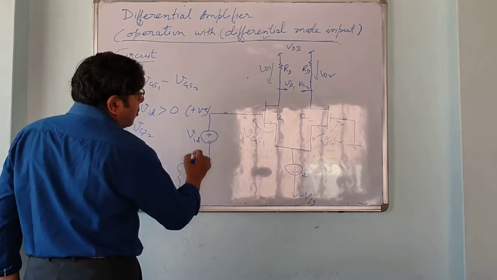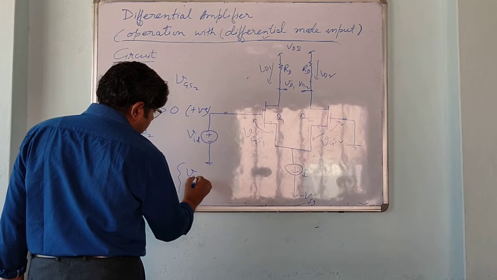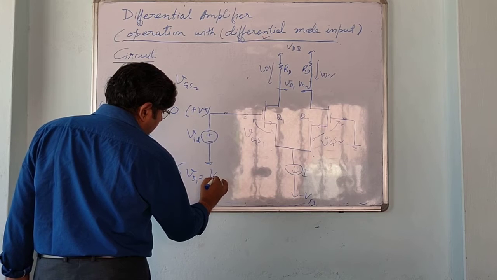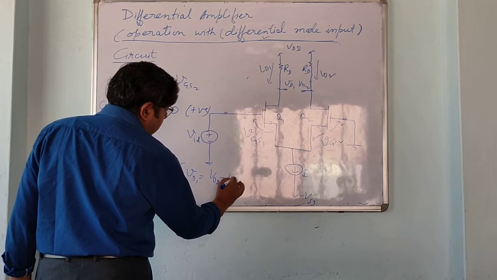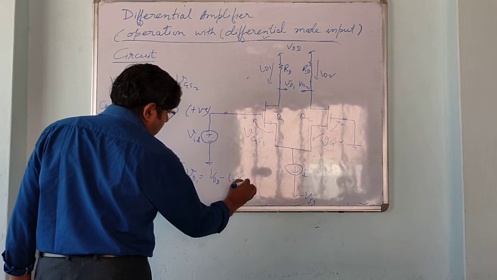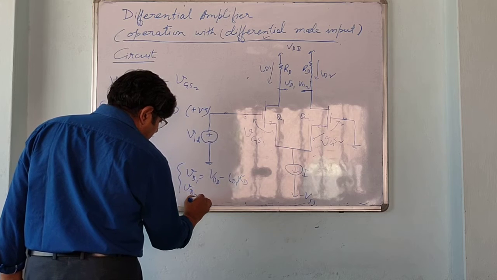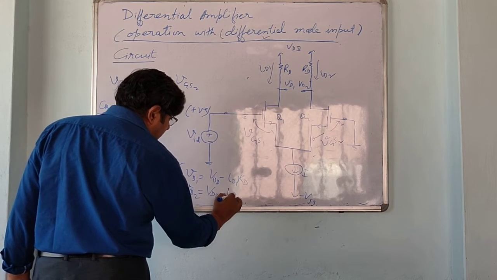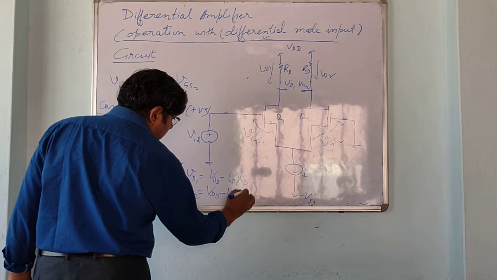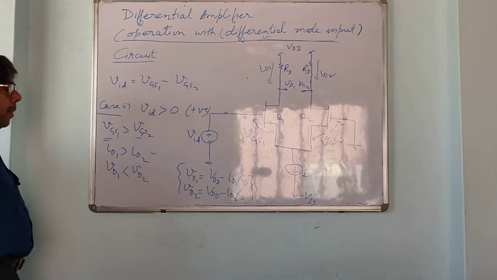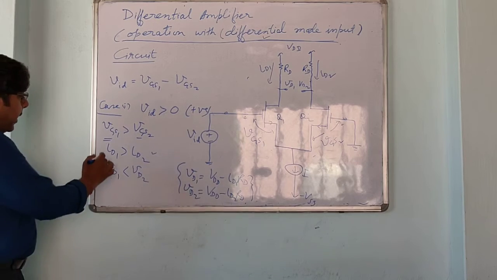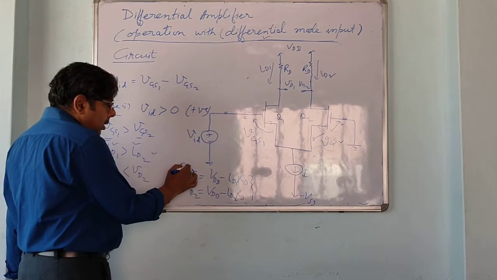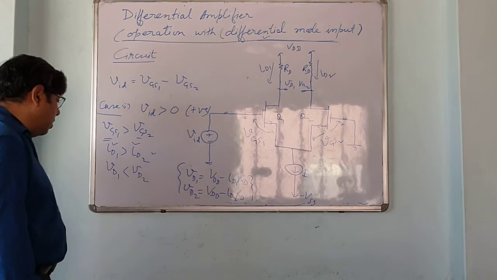Because VD1 equals VDD minus ID1 RD, and VD2 equals VDD minus ID2 RD. So if ID1 is greater than ID2, then obviously VD1 is less than VD2.